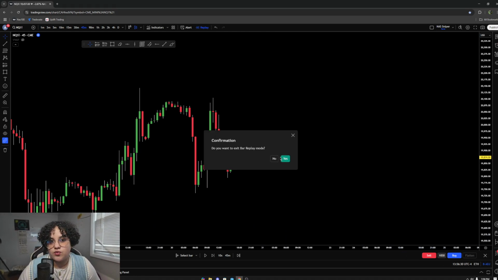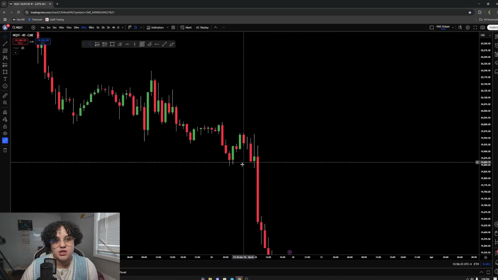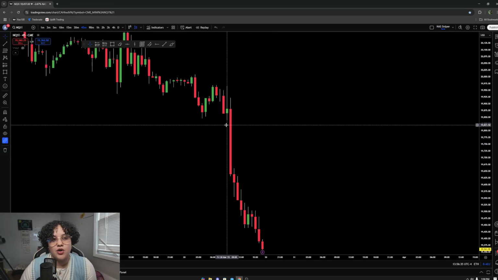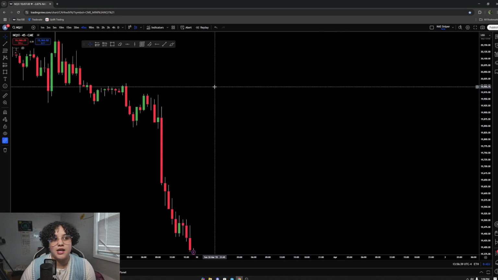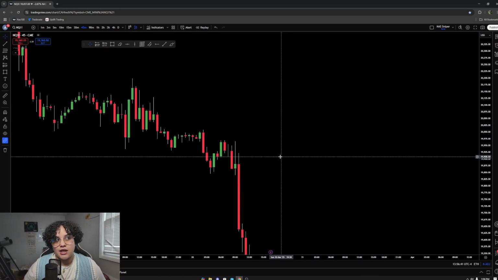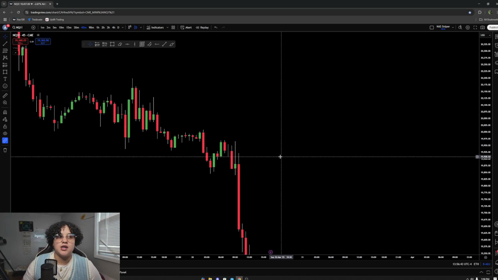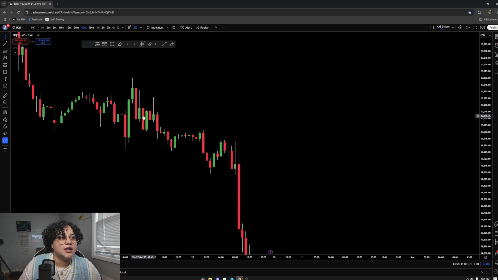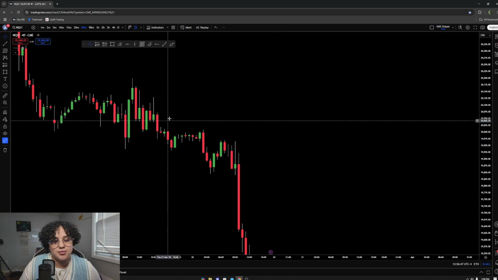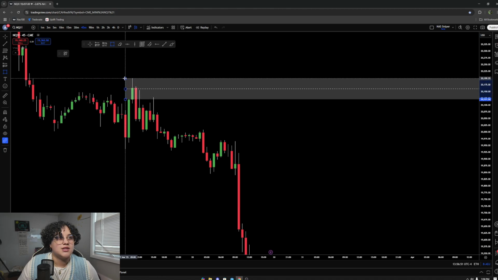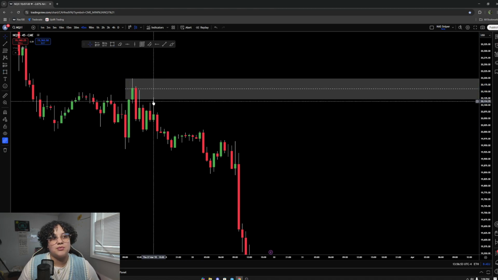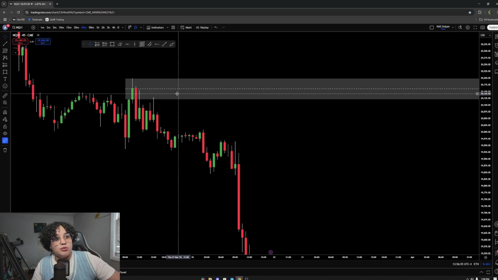Most of the time you're just going to have to kind of know that it is supply, like this. There aren't any hints that it is, but a lot of the time you're going to see that, like right here. It's not the best supply zone, but I would have marked this out just because we tapped into that area and we moved down.